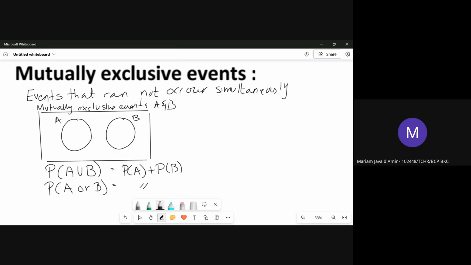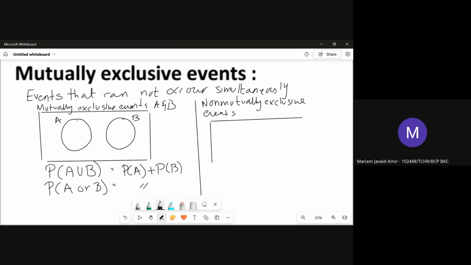Okay. Let me show you the Venn diagram representation of two non-mutually exclusive events. So if we have non-mutually exclusive events, okay, so we make a box.